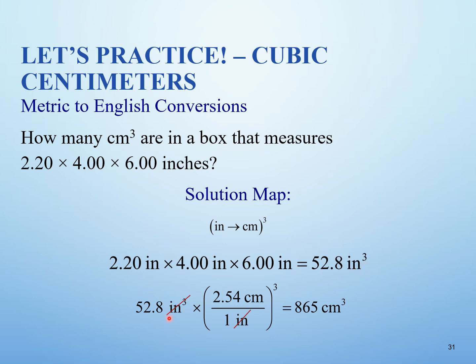And then we want to take this inches cubed here to convert to centimeters cubed. Then you use this conversion in here, but you cube everything. So when you do your calculations, you actually do 52.8 times 2.54 cubed, or you can just do times 2.54 times 2.54 times 2.54. Just do it 3 times. That's what cube means. And then you would get your answer, 865 centimeters cubed. Okay? So try it out on your calculator, make sure you can get it.